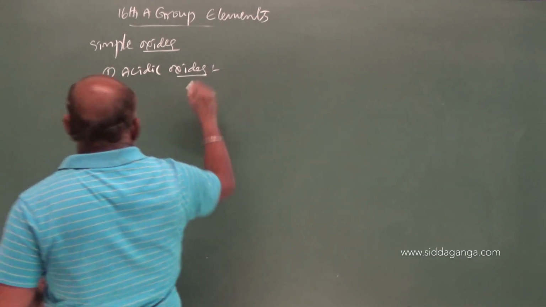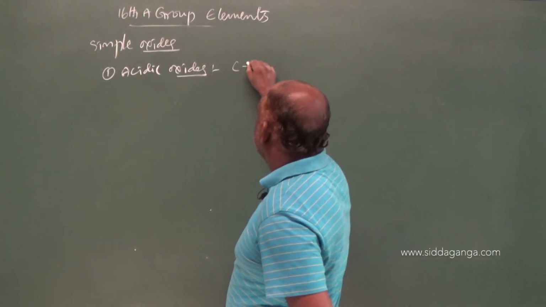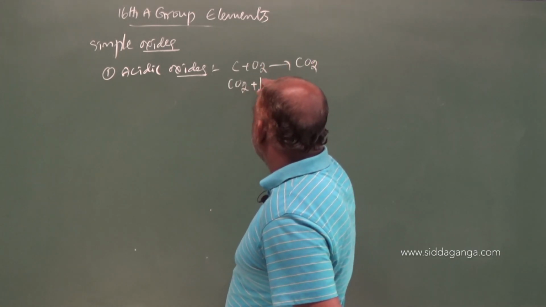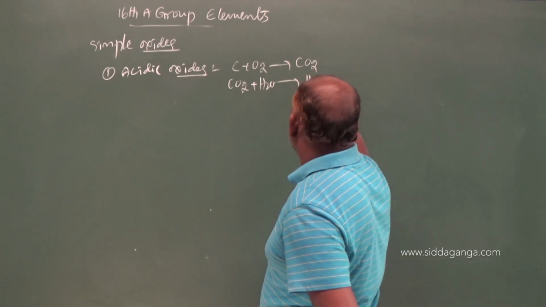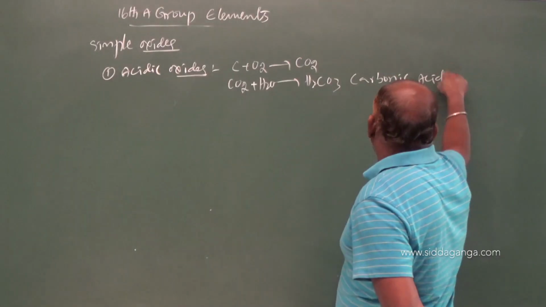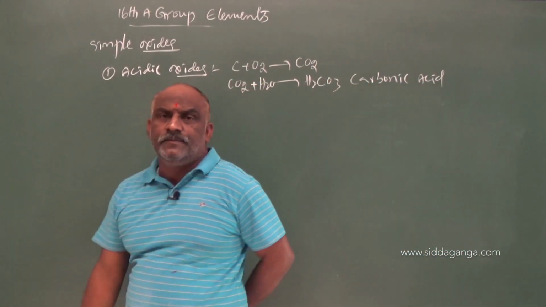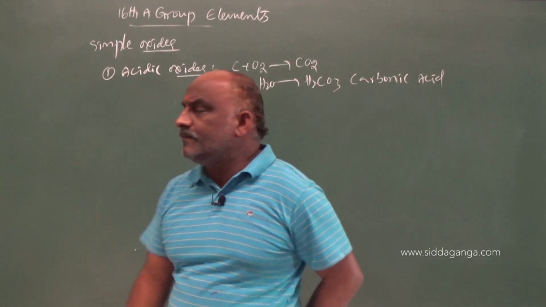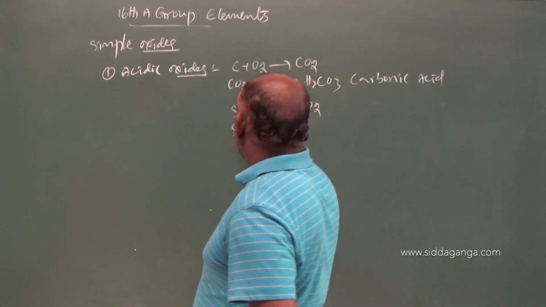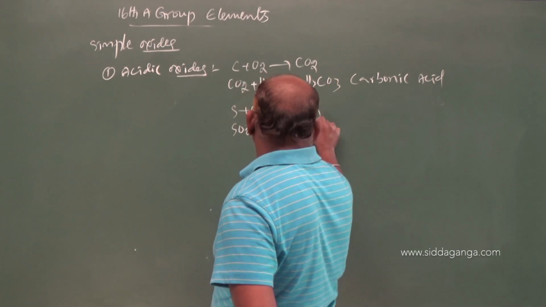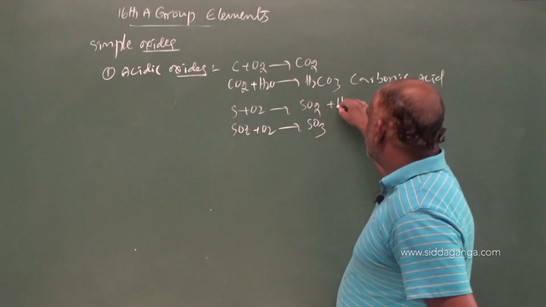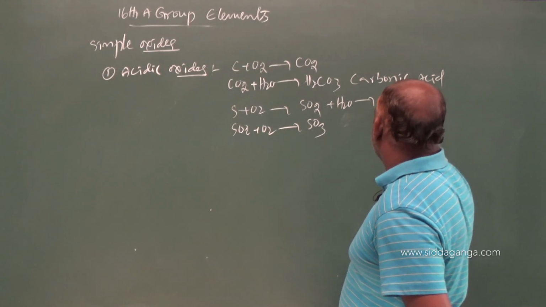So what are the acidic oxides? See this. C plus O2 gives CO2. CO2 plus H2O gives H2CO3, carbonic acid. S plus O2 gives SO2, and SO2 plus O2 gives SO3. SO2 plus H2O gives H2SO3, sulfurous acid.